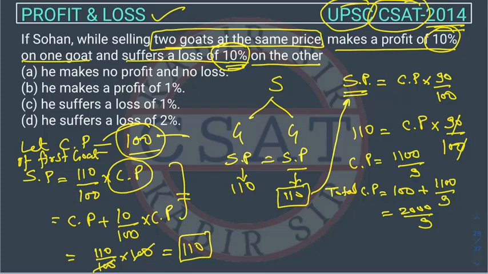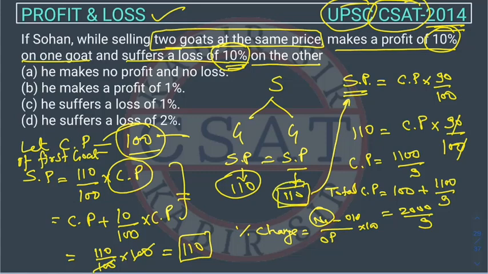So he is asking the percentage change, like whether he is making overall profit or loss. So we will write the percentage change formula, as we know, is equal to the new price minus old price upon old price into 100, right? So the new price means selling price. The selling price of both goats is 110, 110.